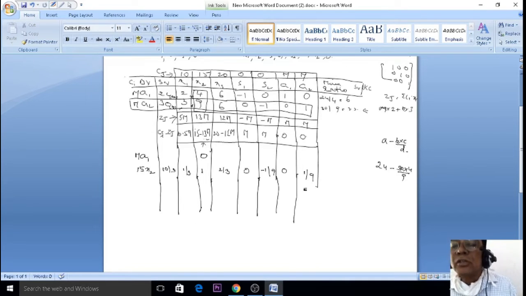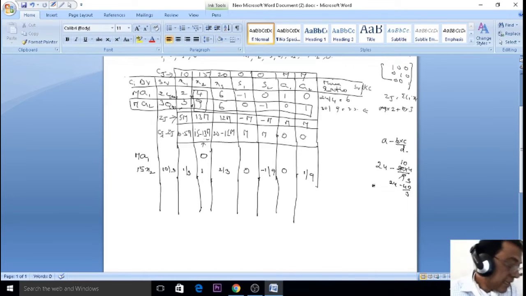So please calculate here: 24 minus 40 by 3. Take the LCM and solve it. Now we get the answer 32 by 3.